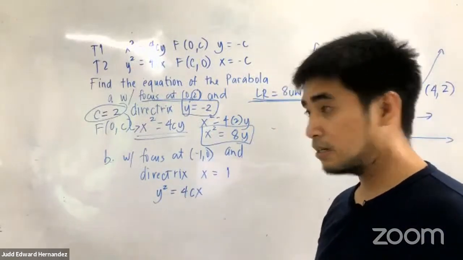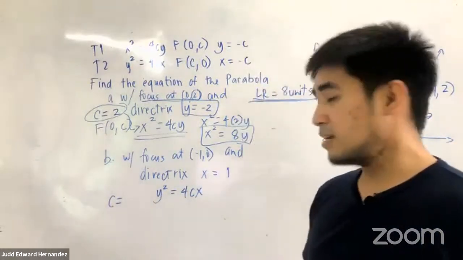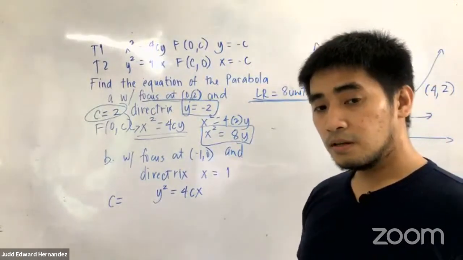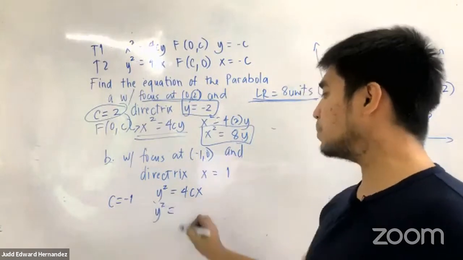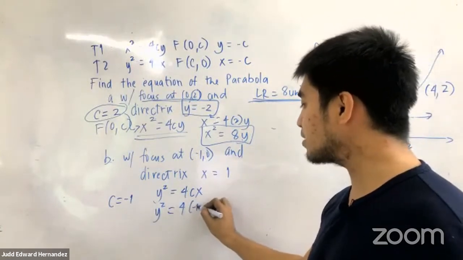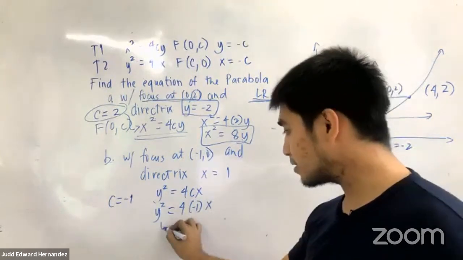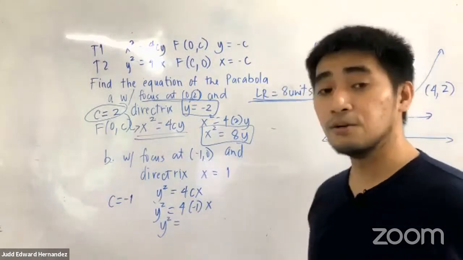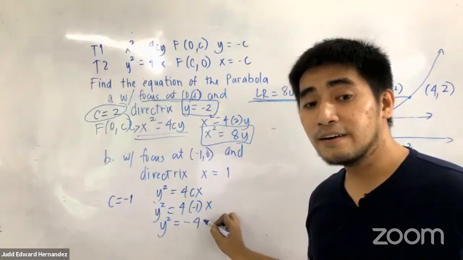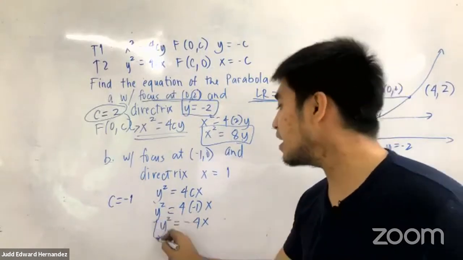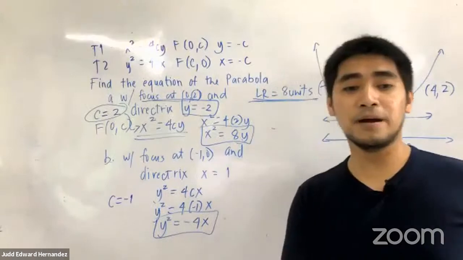What is the value of c? Negative 1. Substituting, we'll be having y squared is equal to 4 times negative 1 x. That is y squared is equal to negative 4x. This is now the equation of the parabola.